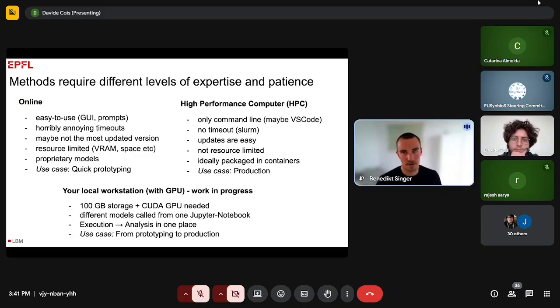So you have an HPC at your local university, or you're associated to some institute, and in there you have very much the possibility to go in a production scale job to produce as many proteins as you want, and then do the filtering using AlphaFold, and it doesn't matter that much. And obviously, it's very hands-off. However, you have to have an idea what you're doing. So there's the knowledge to know about the command line, about Slurm, how to manage the cluster, all those things. They are required to go on there.